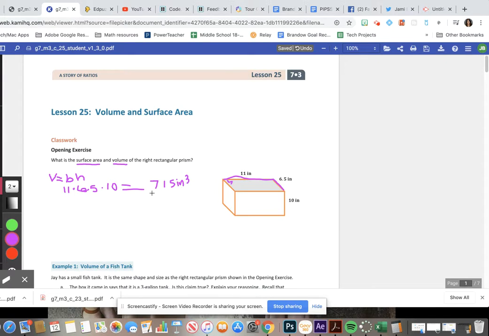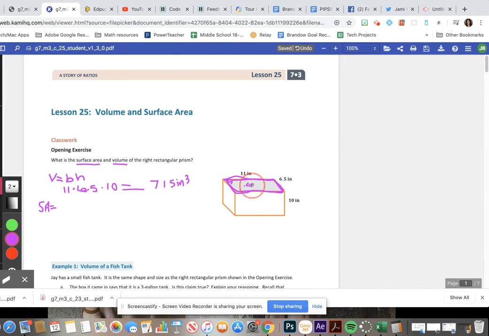So that's our volume. And then our surface area, SA, is going to be equal to the area of every face. And I know that this is a rectangular prism, so I have one on top, one on bottom, that's 2, front and back, that's 2 more, that's 4, and then left and right. So I know there's going to be 6 sides, and there's going to be 2 that have the same area, right?